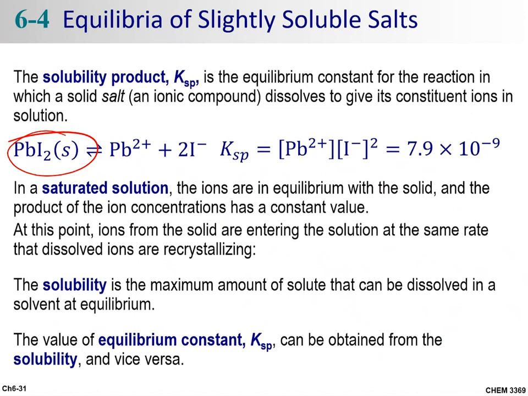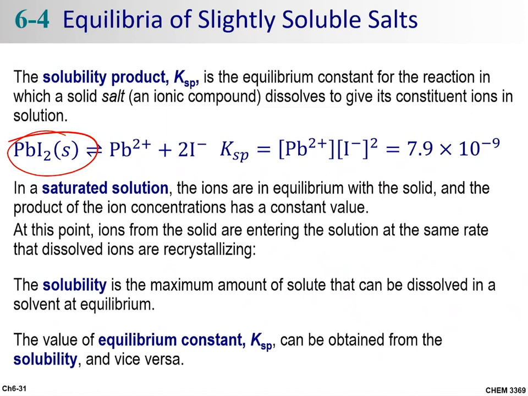So in a saturated solution, the ions are in equilibrium with the solid, and the product of their concentrations has a constant value. So that's the equilibrium constant, which is called a solubility product for these dissociation reactions.